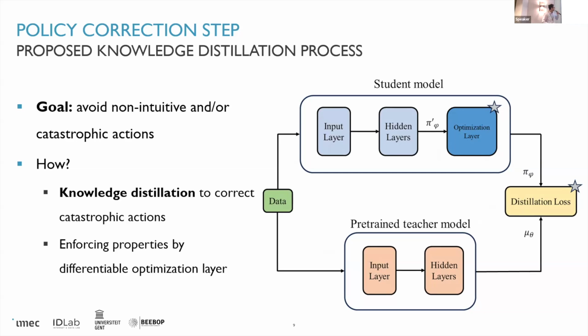And in our case, we try to constrain or correct our policy while the teacher model is transferring its knowledge to the student model. So, as you can see in the slide, the optimization layer is a key novelty of our extended knowledge distillation process.